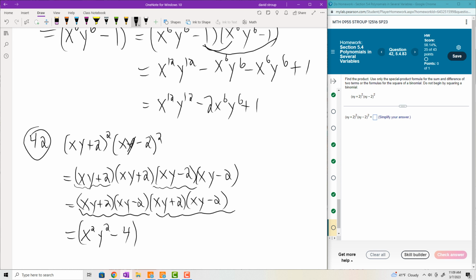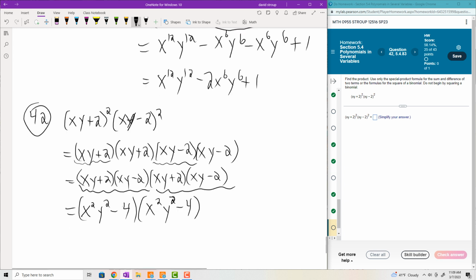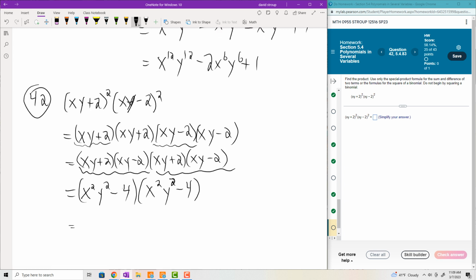And then this will be the same thing. So you'll just have x squared y squared minus 4, and then you could FOIL that out and you'll have your answer.